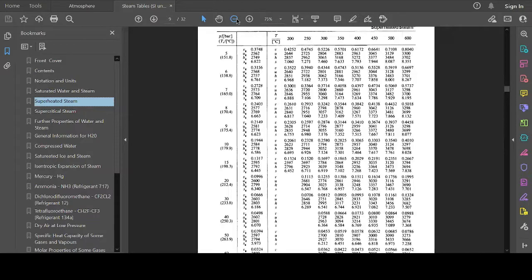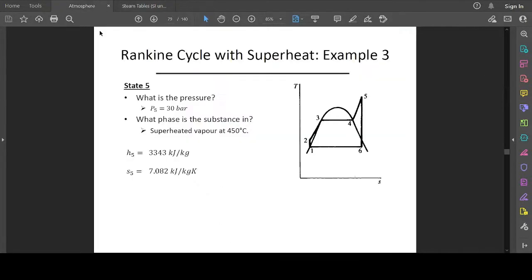I hope you can see this. We go along 30 bar and read the last two values here: 3343, and entropy, S, which is 7.082. That will be the enthalpy and entropy at stage 5.